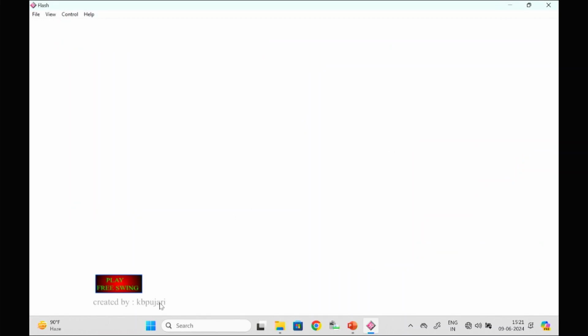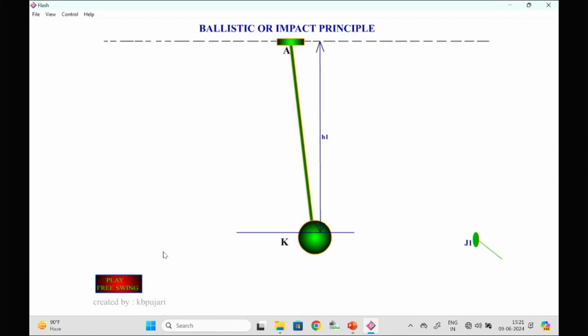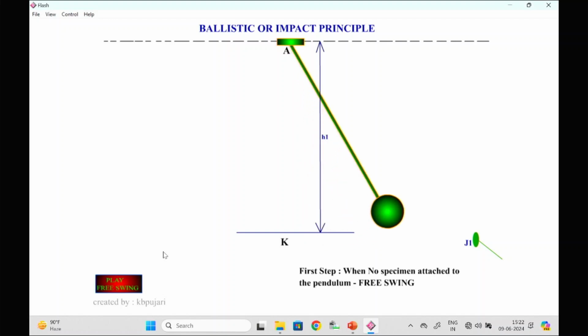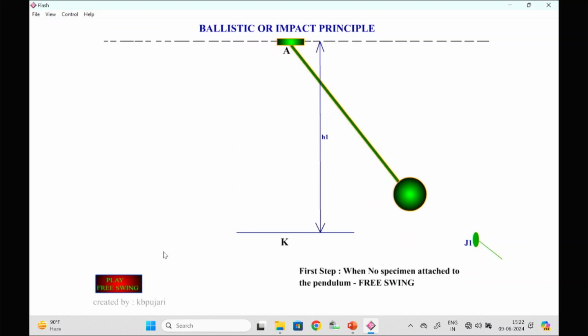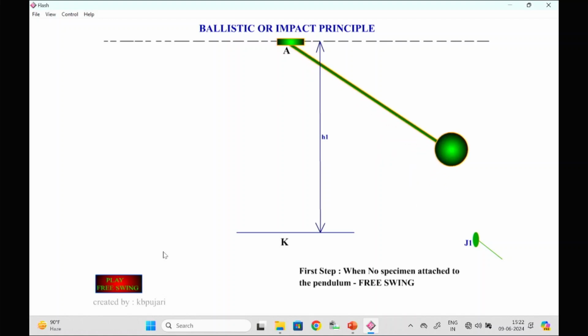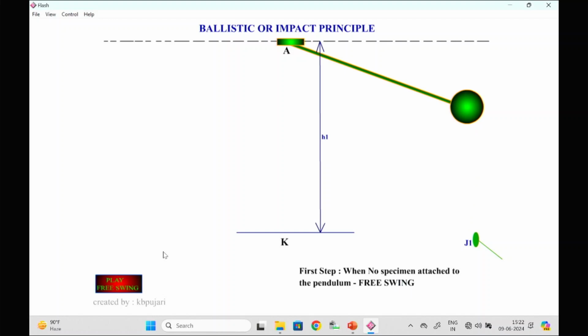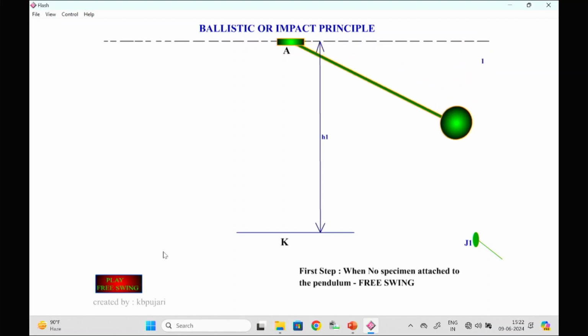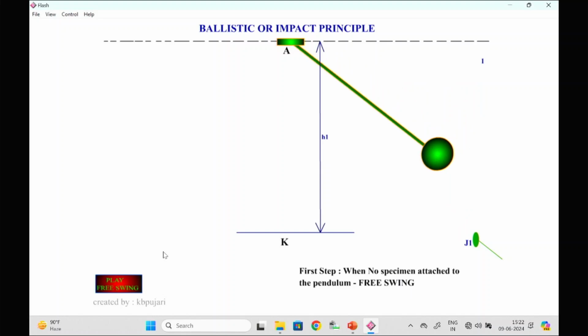So first let us swing the pendulum. A pendulum is there, which we are now bringing to the horizontal position. Here it's assumed that there is no frictional loss or air drag.